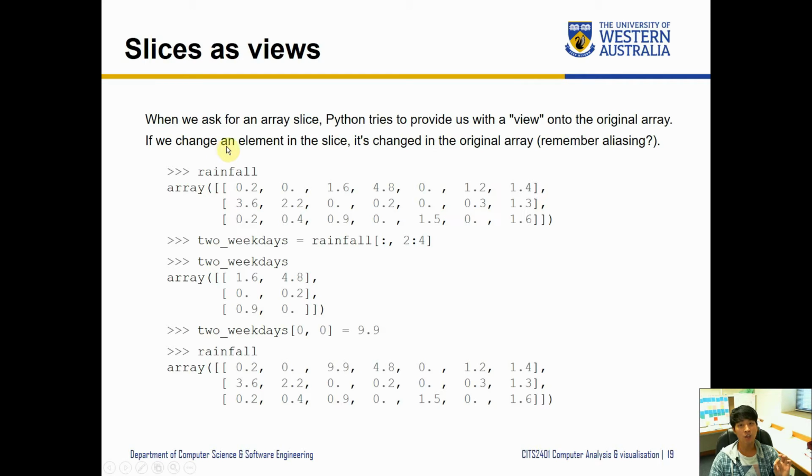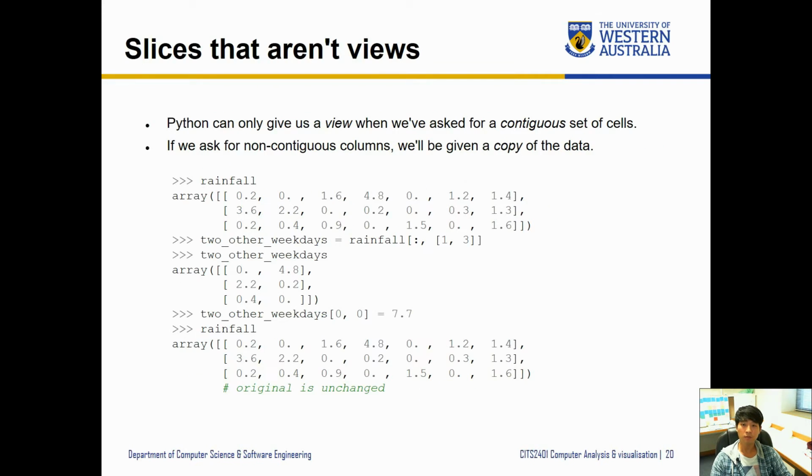If we change an element in the slice, it's changed in the original array as well. This happens because both variables are pointing to the same location of those data. So what we want to do is create slices that are not pointing to the same values. Rather, we want to create copies of those, right?